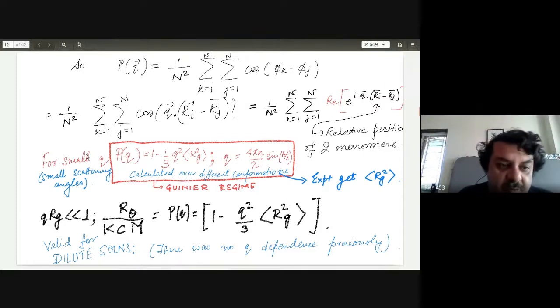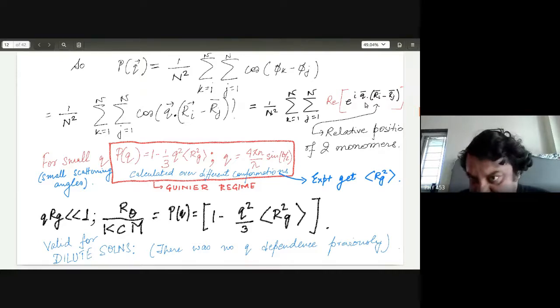Now for very small q, okay, small q, small scattering angles, take if you average over all conformations, so basically you have this, right?